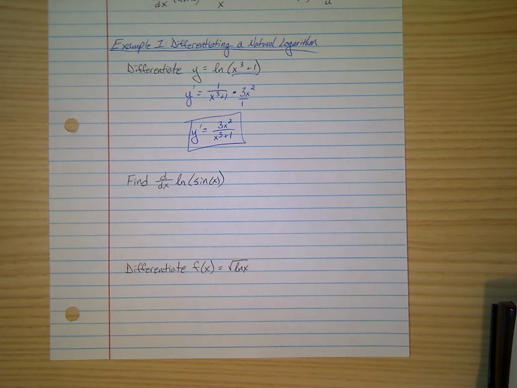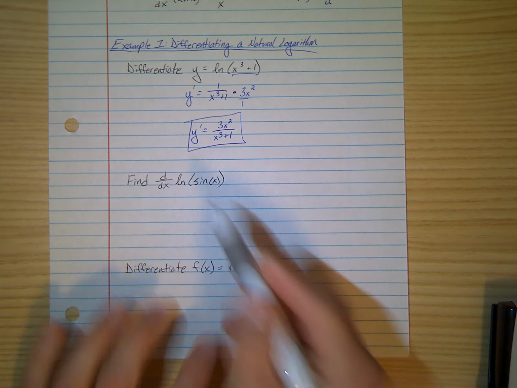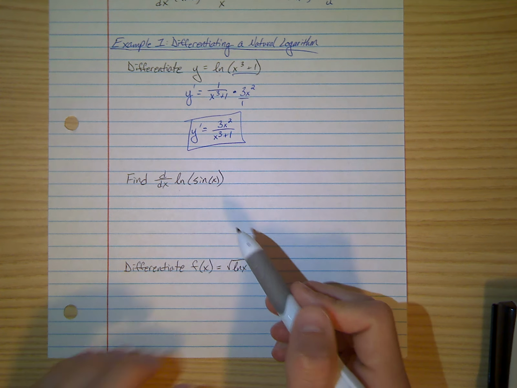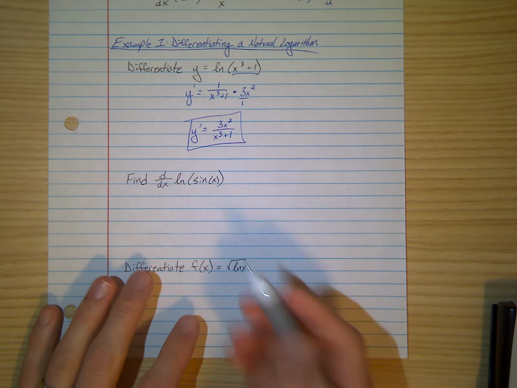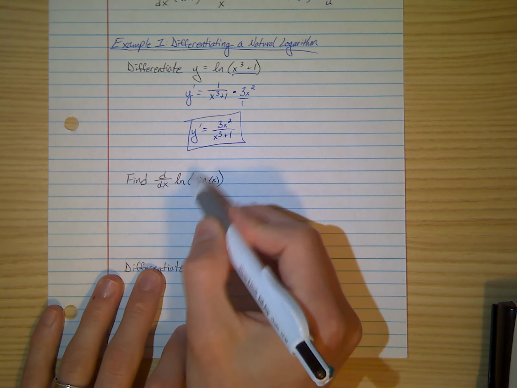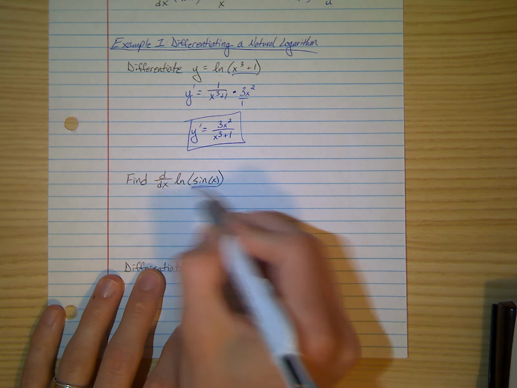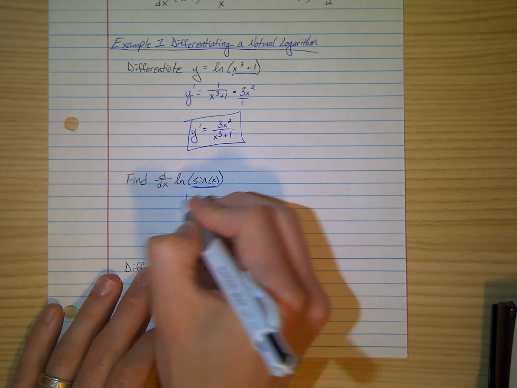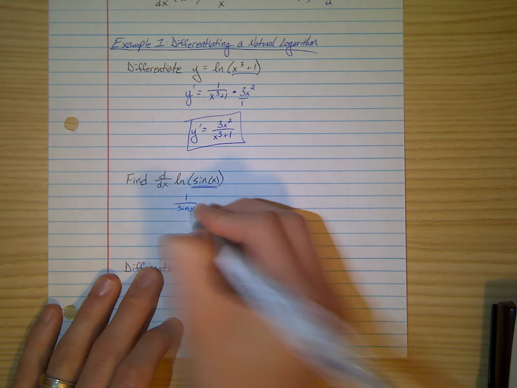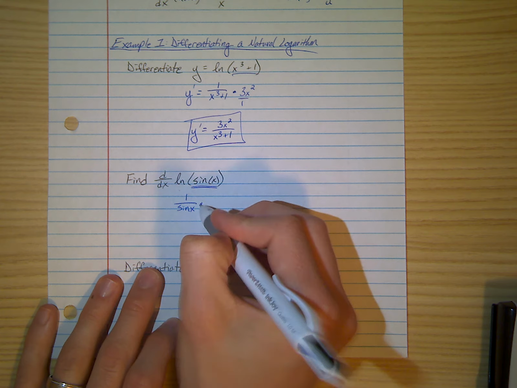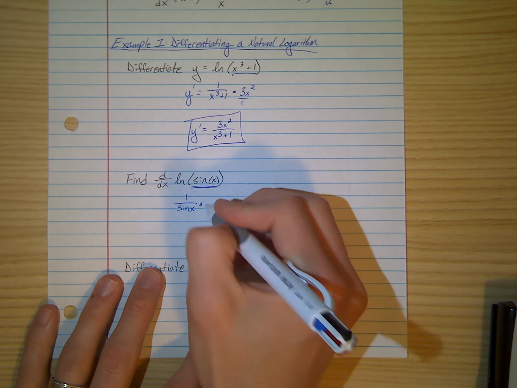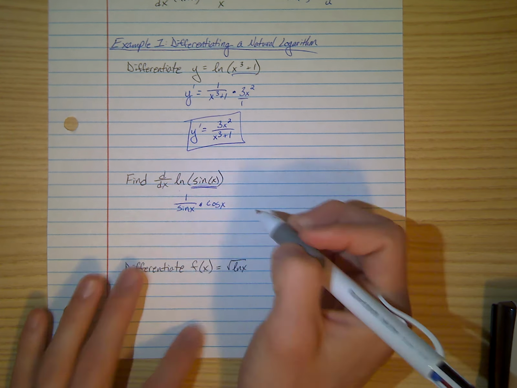That's all it is. If you have the derivative of the natural log of the sine of x, again, no different. So you would start off with 1 over the sine of x times the derivative of sine, which we know is just cosine.